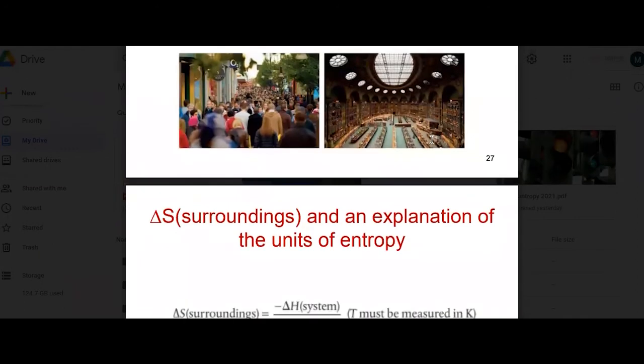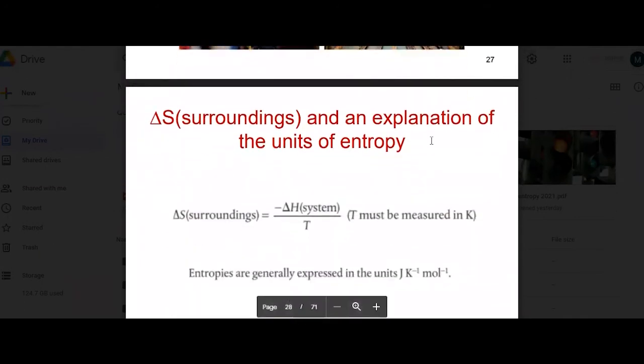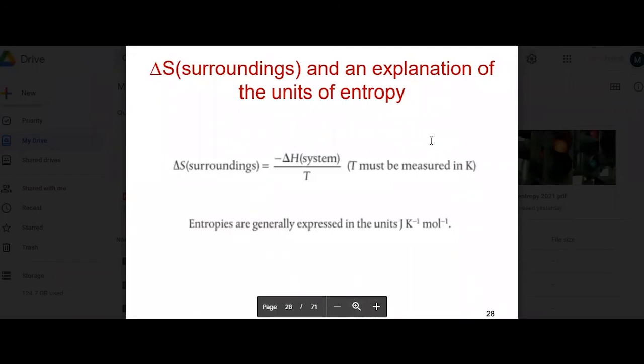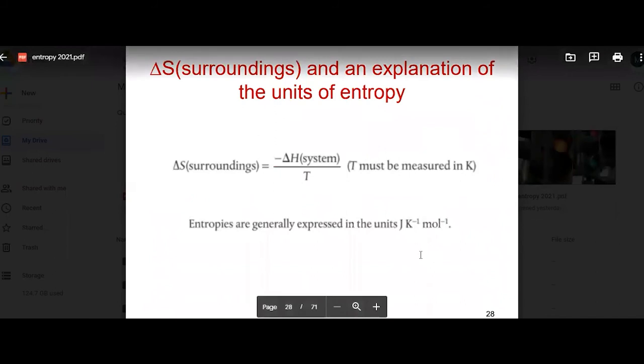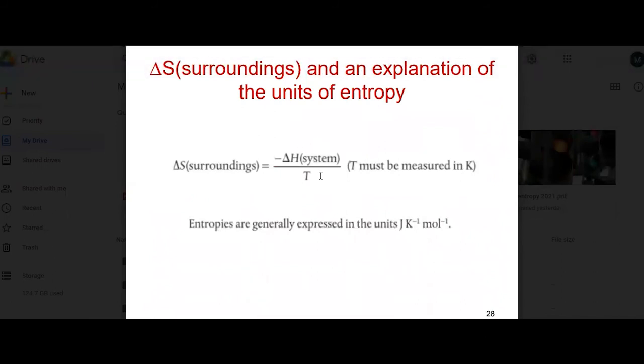So we can propose the formula of delta S surroundings would be negative delta H system over T, and the T must be measured in Kelvin. Entropies are generally expressed in the units joules per Kelvin per mole, but delta H is usually in kilojoules per mole.